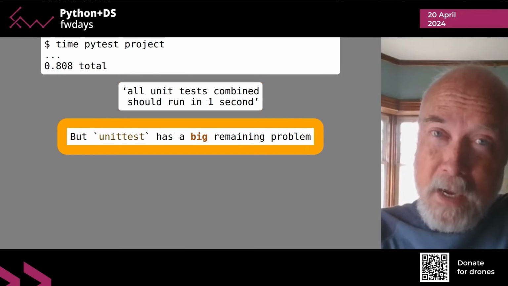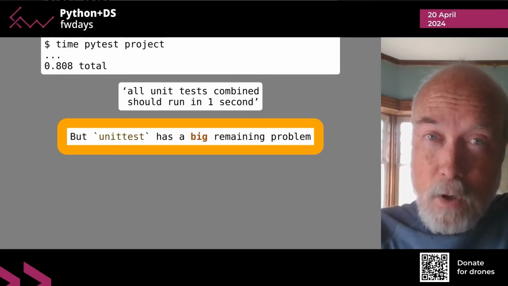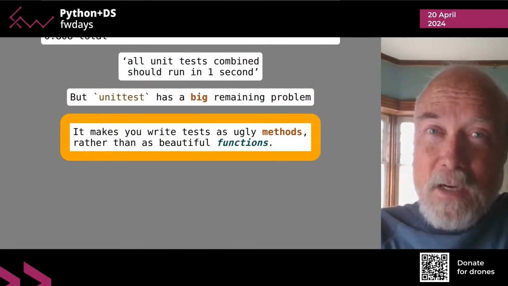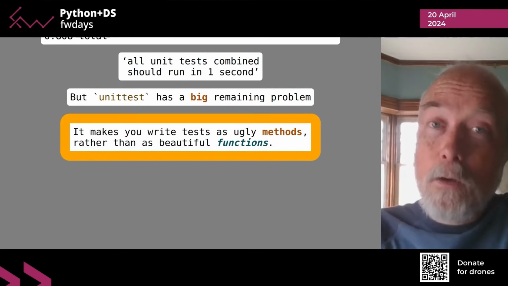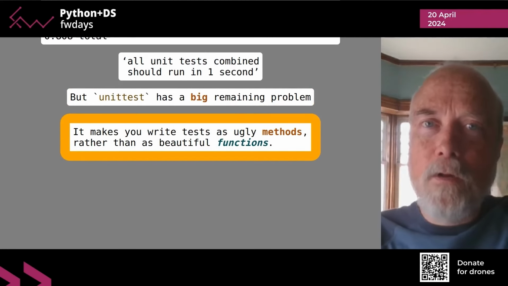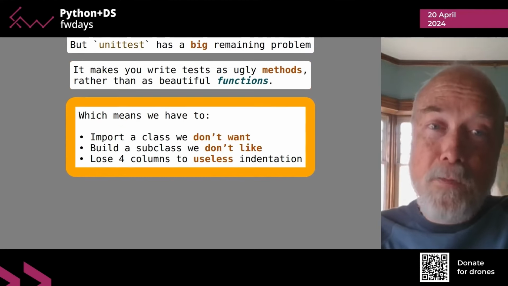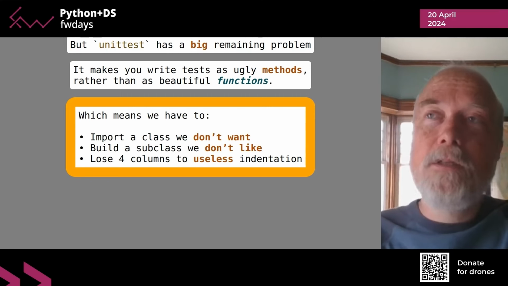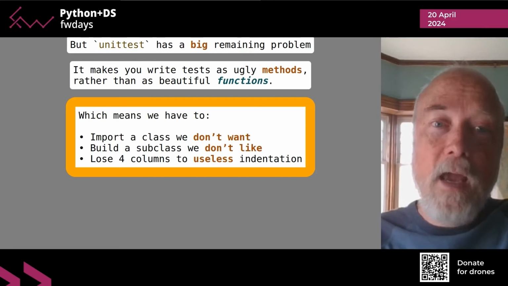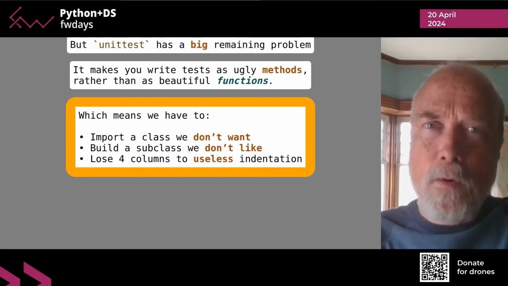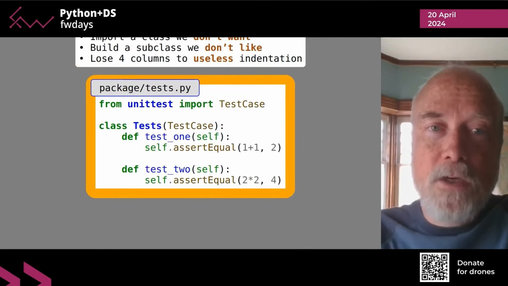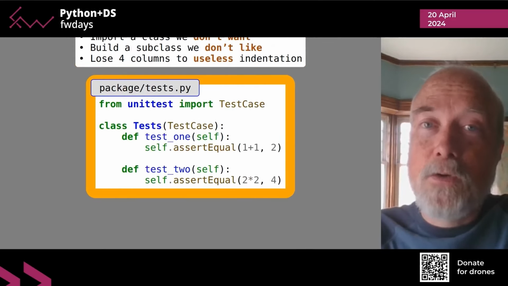But unittest has a big remaining problem. It makes you write tests as ugly methods rather than as beautiful functions. Which means we have to import a class we don't want, build a subclass that we don't like, and lose 4 columns of precious screen real estate to useless indentation just to get 2 simple tests written.